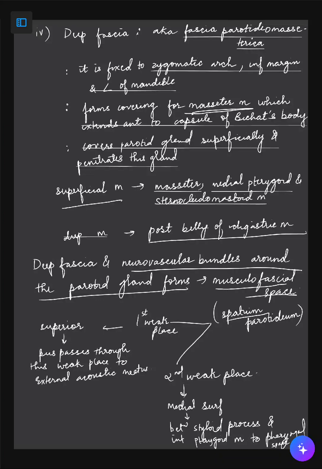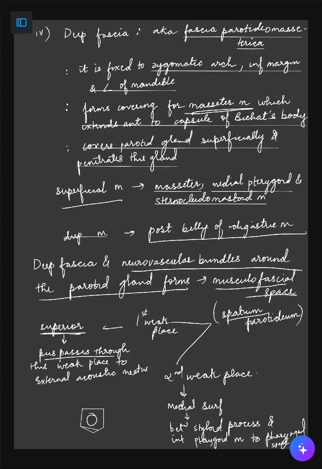Come again. The deep fascia and neurovascular bundles around the parotid gland form the musculofascial space. Now in this musculofascial space, there are two weak places. The first weak place is superior.